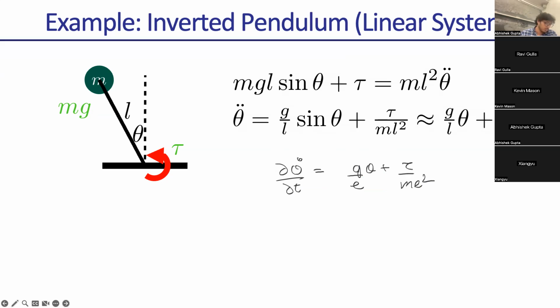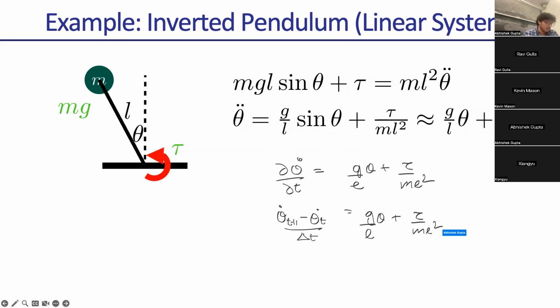Which means that, if you write out the definition of the derivative, you can say that theta dot t plus 1 minus theta dot t, divided by some delta t, that's the definition of the derivative, is equal to g by L theta plus tau over ml squared.